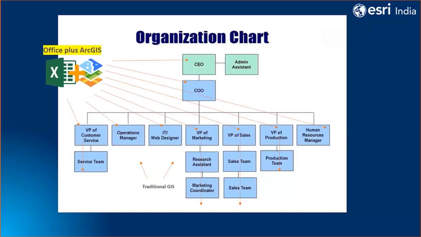Everyone has Excel. By combining it with the ArcGIS web mapping platform, they can enable everyone throughout the organization to make maps, which helps save time and money and get the complete information in their data sets. From the CEO to the sales team, everyone can benefit from location analytics.